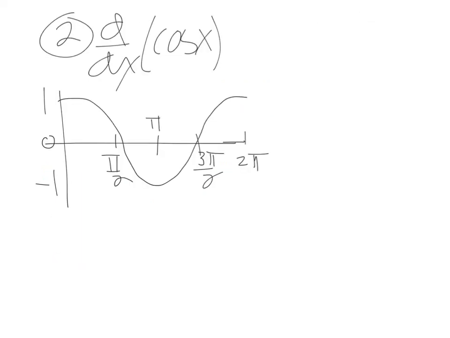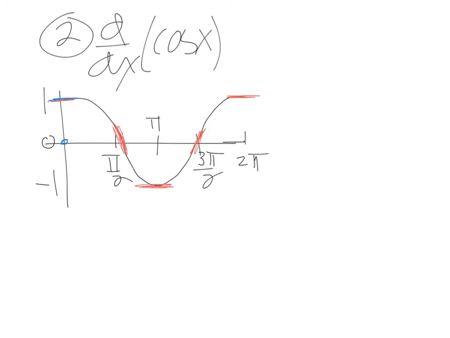Let's do the same thing now for cos. So let's draw tangents at 0, a tangent at pi by 2, a tangent at pi, a tangent at 3 pi by 2, and a tangent at 2 pi. And now, what are the slope values? Because we know the derivative is the slope of the tangent. So at x equals 0, the slope is 0.